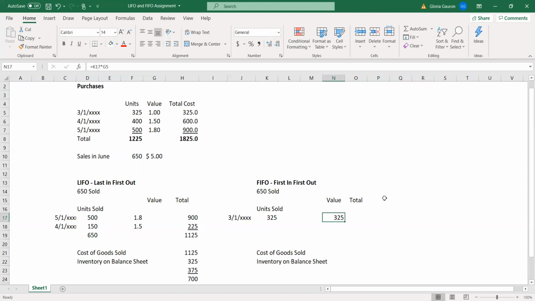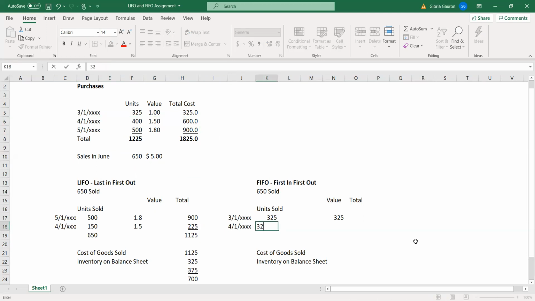But as you can see, I haven't reached 650 units. So now I have to dip into the April inventory that I purchased. So I have 325 units. I need to get to 650 units, which means I need 325 units from the April 1st batch.